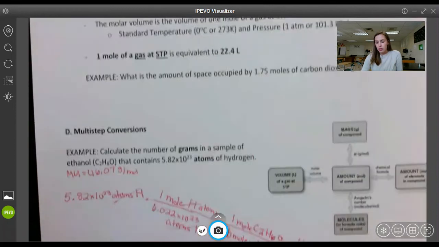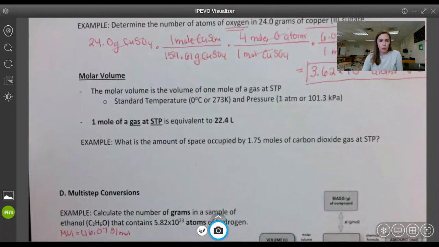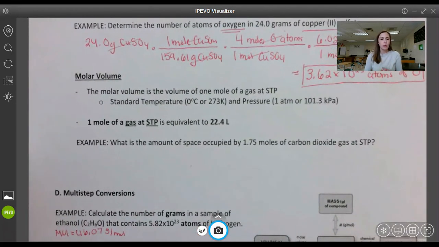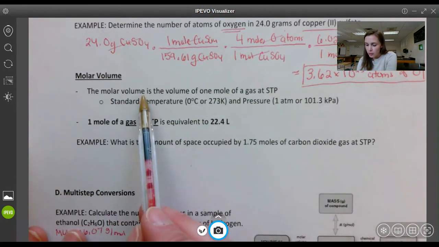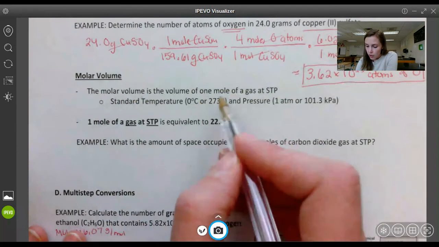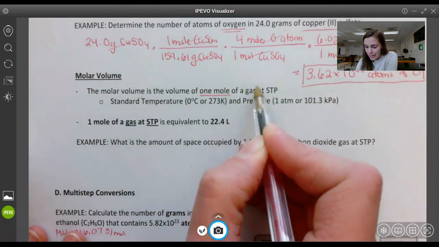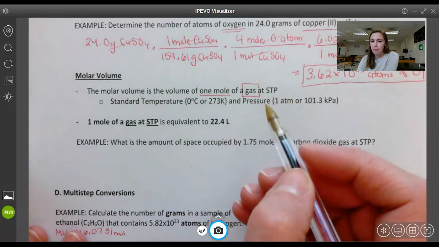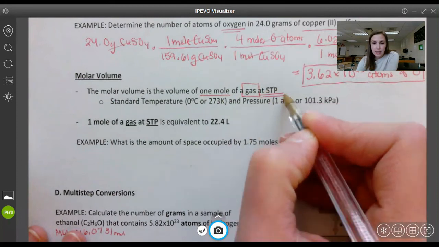One little fact that you should also be aware of if you go up a little bit to molar volume is we can use molar volume if we're dealing with a gas at STP. So 2 very important parts here: if we're going to use molar volume, this is the volume of 1 mole of a gas. It has to be a gas. It cannot be a liquid or solid, and it has to be at STP.